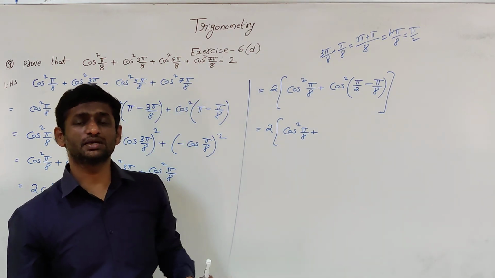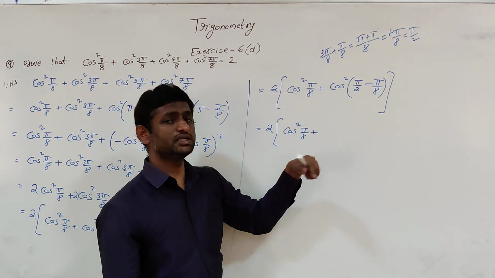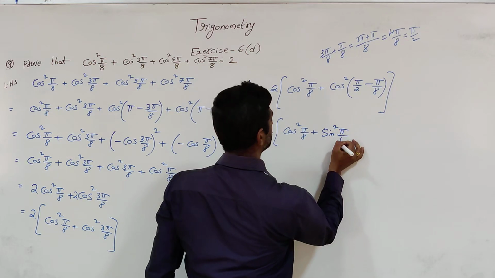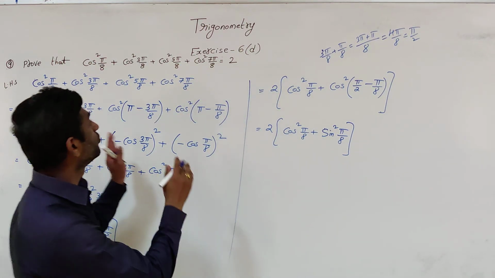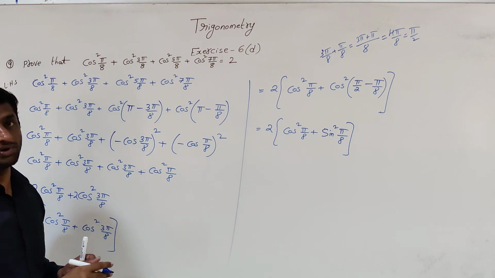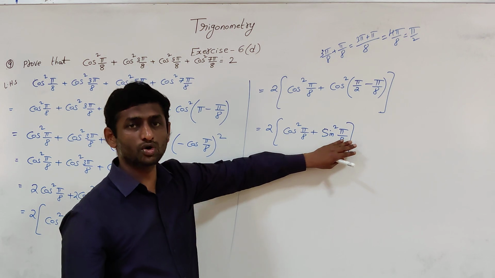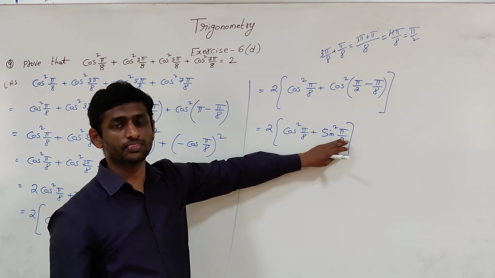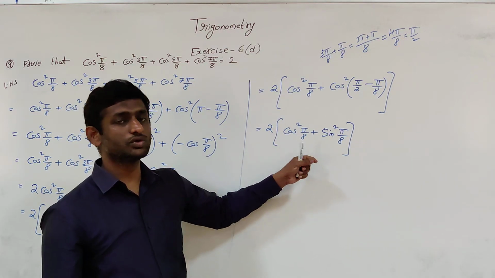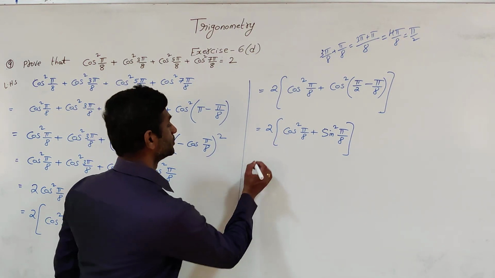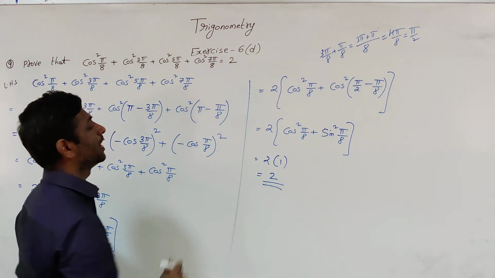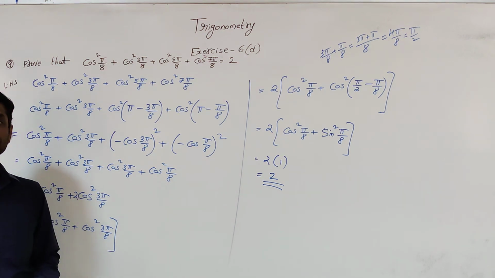Cos of 90 minus theta becomes sin theta, and since square is there, it will be sin square of pi by 8. Means the 4 terms we have reduced to 2 different angles, and the 2 different angles are complementary, and we have reduced them to a single angle. And from the identity, cos square theta plus sin square theta is always 1, where theta may be any real number. So 2 times 1 gives 2. That gives the RHS. Next problem.